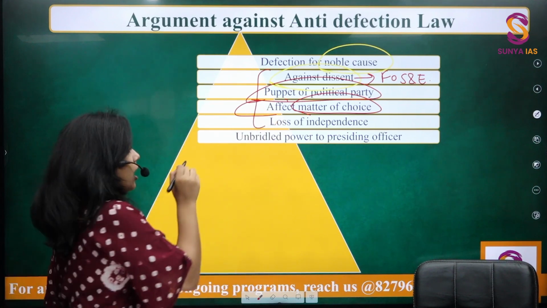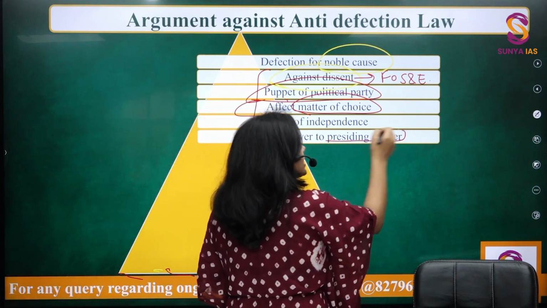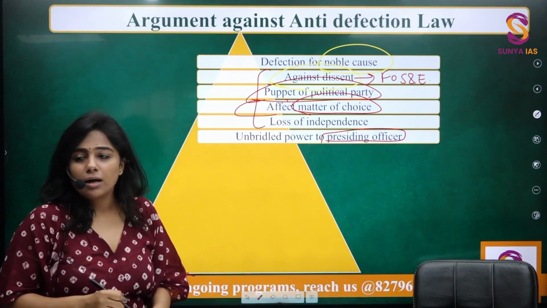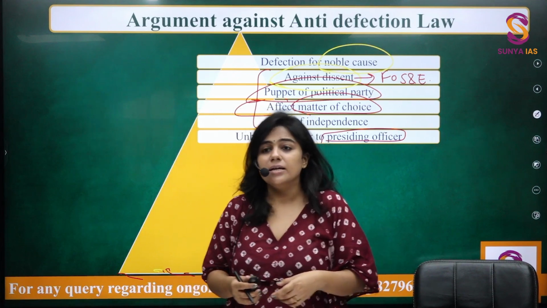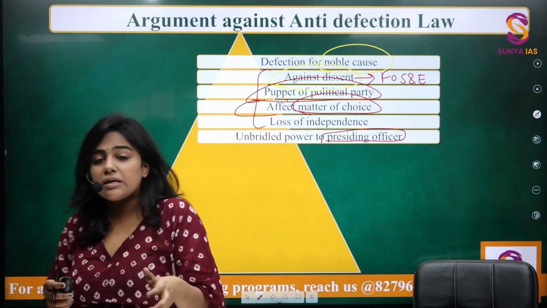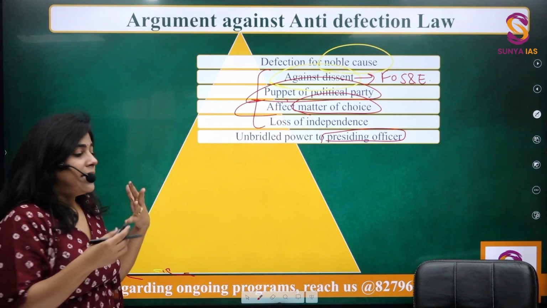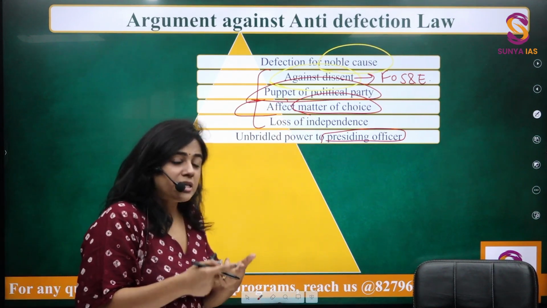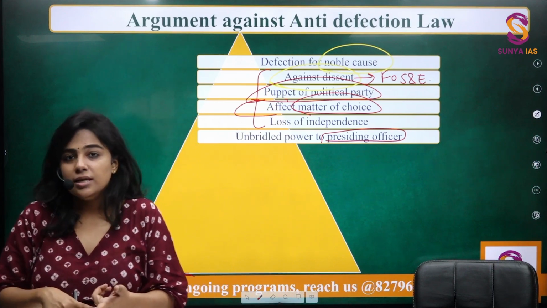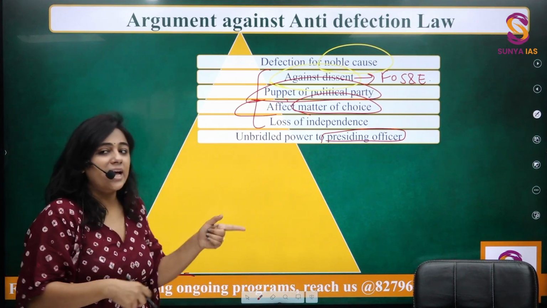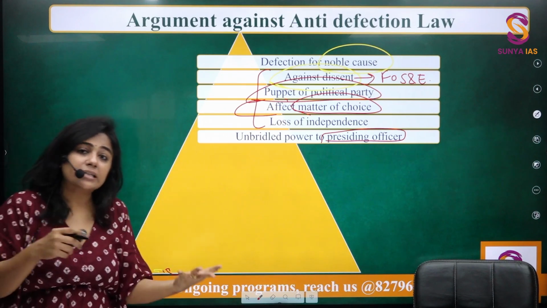Unbridled power to the presiding officer. What does this mean? Be it the speaker or the chairperson, they are not judicial bodies, first of all. They are not even politically neutral bodies. And they are getting to decide whether this person has defected or not.